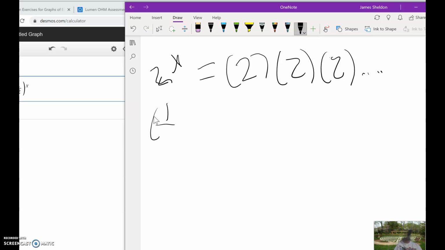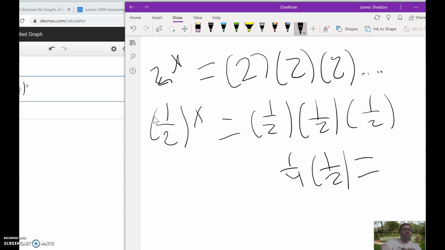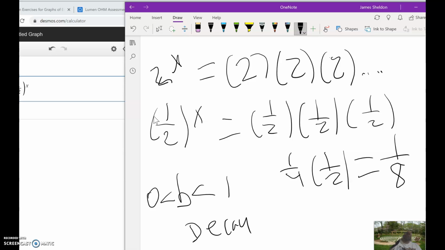But say we had 1/2 to the x, then we'd have 1/2 times 1/2, which is 1/4, times 1/2, which is 1/8, and so the numbers keep getting smaller and smaller. As long as b is between 0 and 1, we'll always have a decay situation.